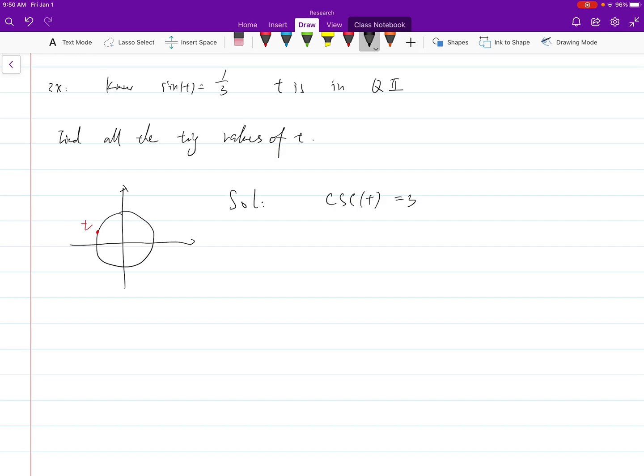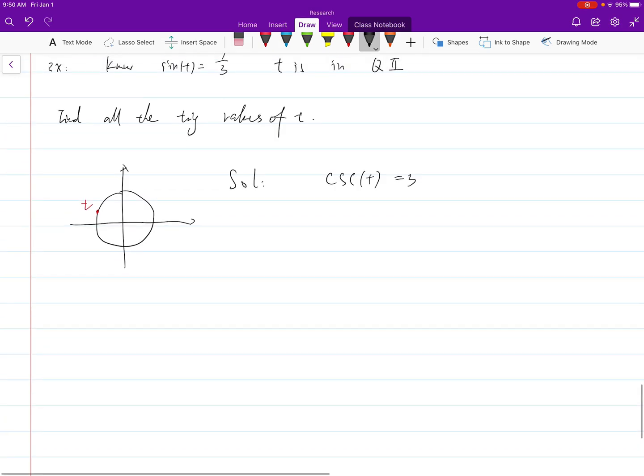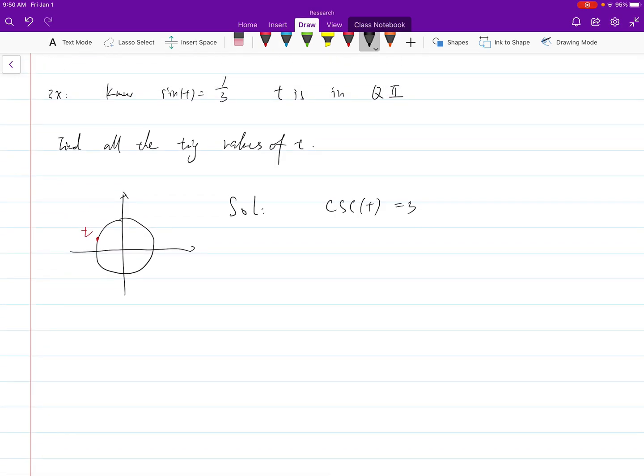Number 2, you want to find the tangent and the secant, and then flip all of them. Now, tangent is going to be sine over cosine. Therefore, you already know sine. If you could find cosine, you can find tangent. The key is to try to find cosine from sine. That is where we have the trig identity.